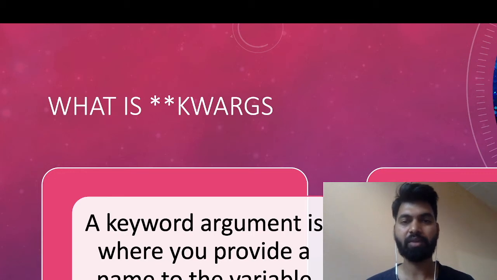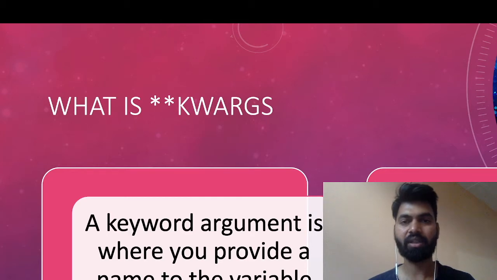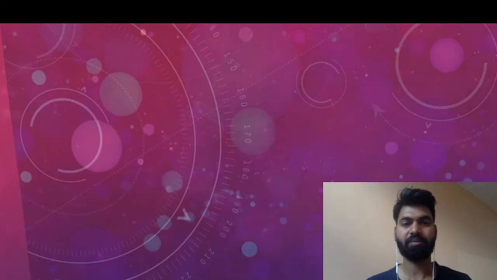Suppose name equals Mukesh, age equals 28, and city equals Jaipur. These are the additional parameters that we are passing to the function. This is the special facility we give into the variable length argument, and it is handled through star star keyword arguments. So let's do a hands-on and see practically what that is.